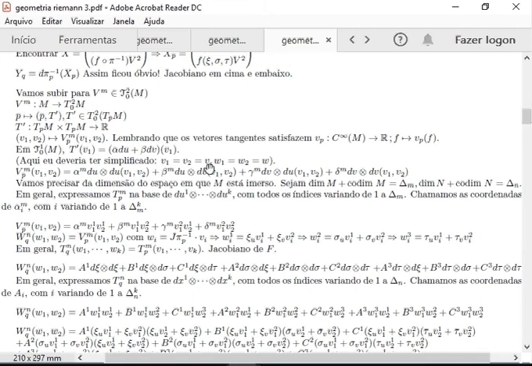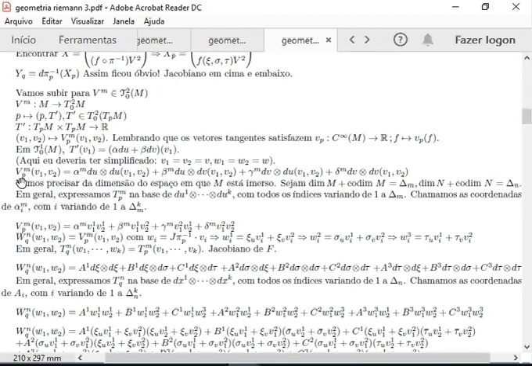V1 equals V2 equals V, W1 equals W2 equals W. VPM at V1, V2 equals alpha m du, all times du at V1, V2, plus beta m du, all times dv at V1, V2, plus gamma m dv, all times du at V1, V2, plus delta m dv, all times dv at V1, V2.